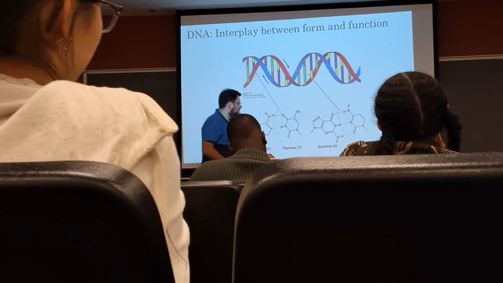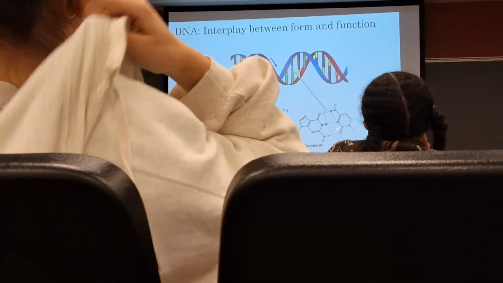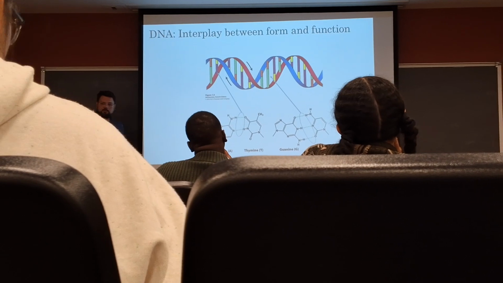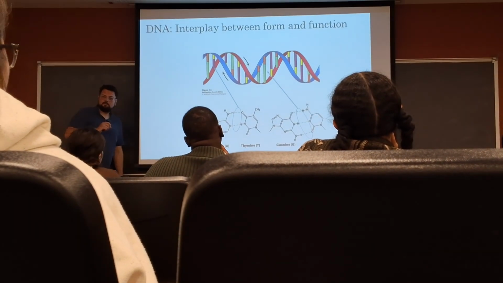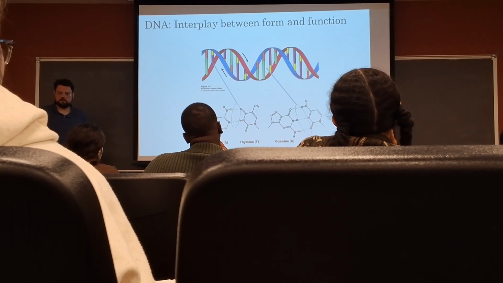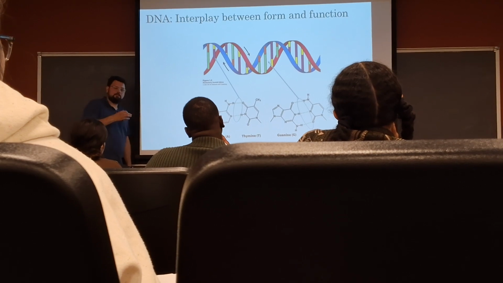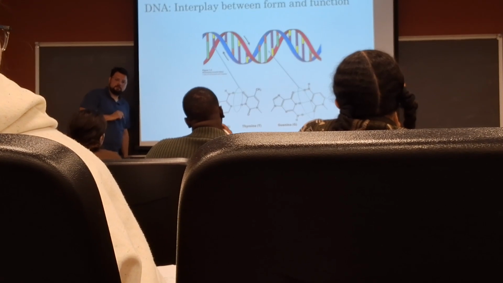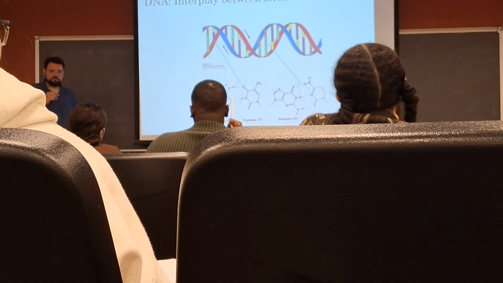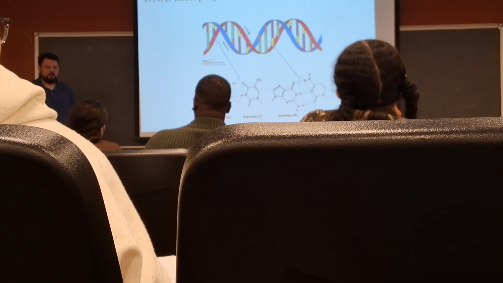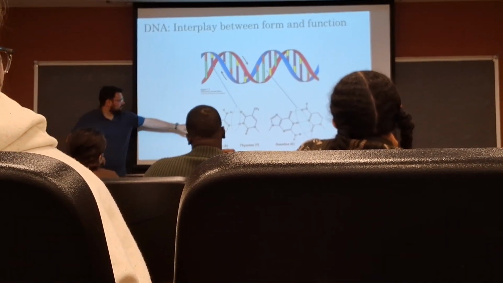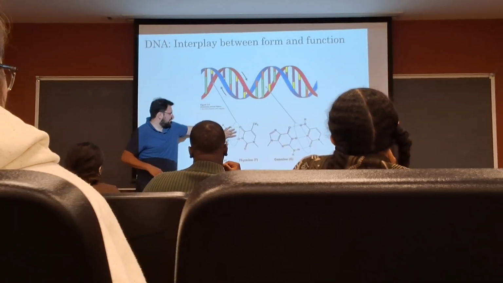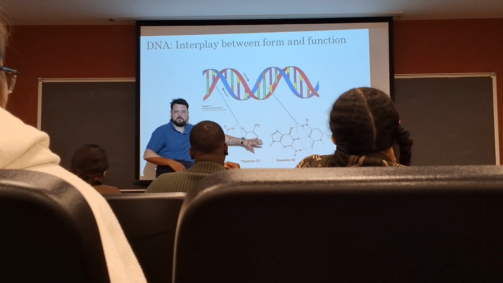Here and here. Now, what do you see in all of these hydrogen bonds that are the same, right? They all have a hydrogen bond donor and acceptor. What else do they have in common? All right, but remember, hydrogen bonds don't care if this is a purine or a pyrimidine.